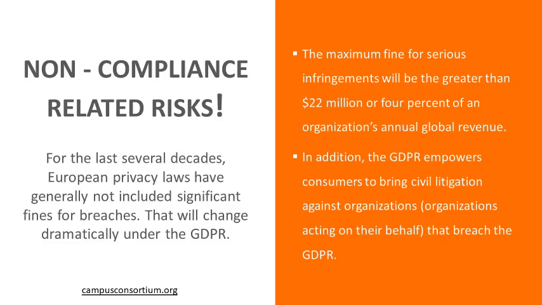The fine is $20 million or 4% of an organization's annual global turnover, whichever is higher, depending upon the severity of the data breach. So this is the significant penalty that a GDPR non-compliant organization or institution may face if there is any data breach.